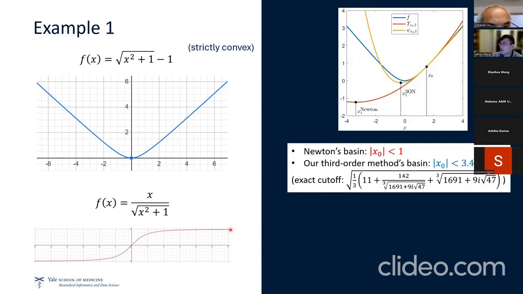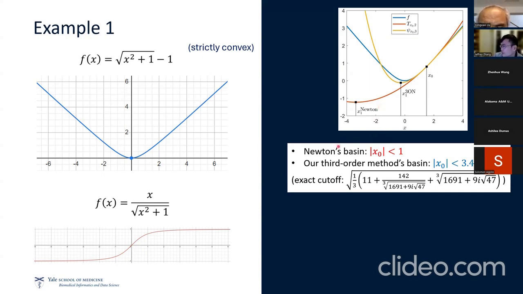But if you apply higher order Newton methods, you still do a little bit better. Again, this is just a plot. The function is in blue, the second order Taylor expansion is in orange, and this yellow is the third order Taylor expansion. This does get a lot closer if you use more derivative information.